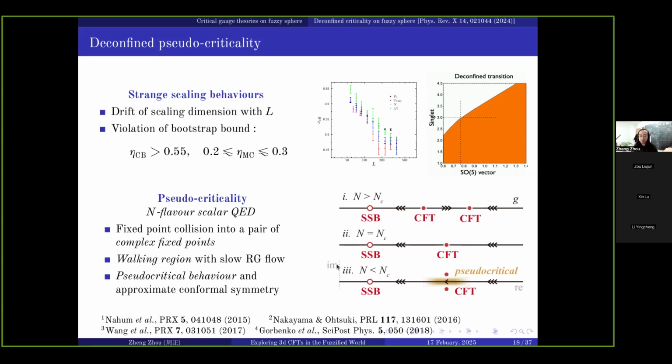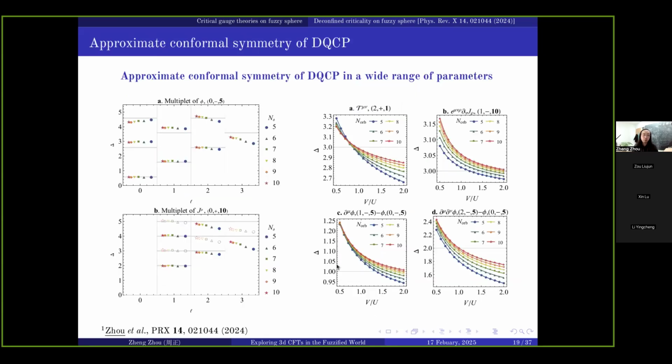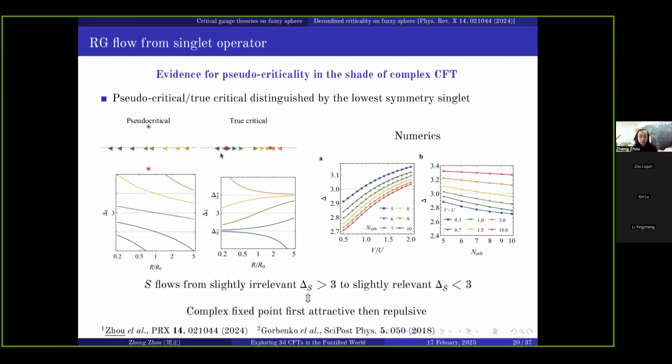And in our SP2 model, we indeed approximate conformal symmetry in a wide range of parameters, but not as good as the truly critical cases.